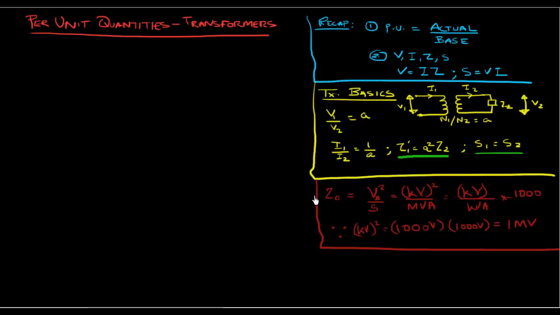One other thing that I want to mention is that in the earlier videos I mentioned impedance base. When we are defining that, it is just the square of the voltage base over the power base, right? We just have that relation from manipulating these equations right here. But you need to be careful when you're dealing with units here.